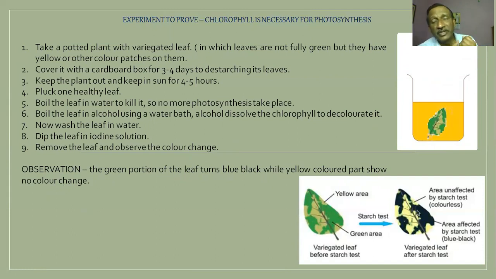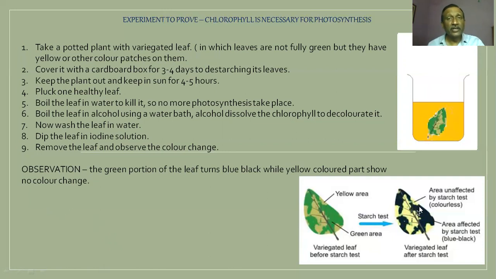Now use the same trace paper on which you sketched the yellow and green areas of the leaf, place it on the leaf, and you see that only the green portion has shown the blue color. This is the green portion that has become blue. And the yellow portion of the leaf does not show any change in color.